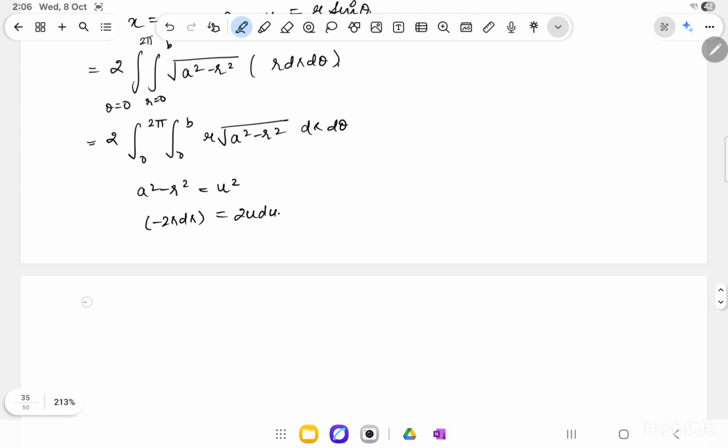Now if I change the limits, the integration is from 0 to 2 pi, and when r is 0, u is a, and when r is b, u is under root a square minus b square.